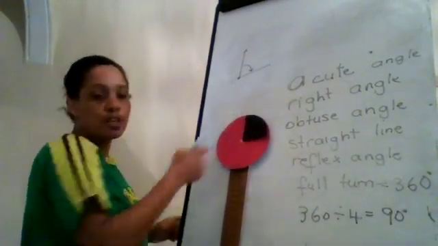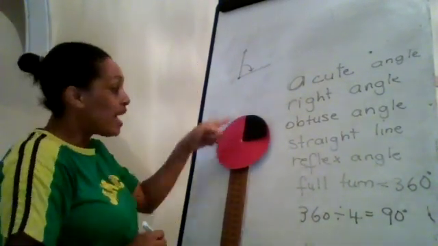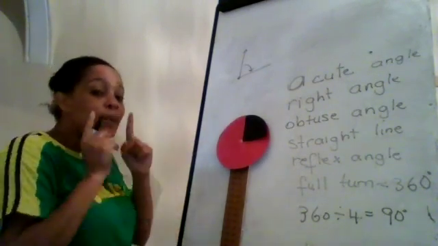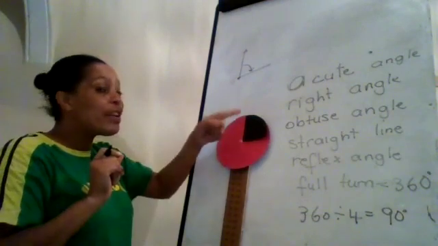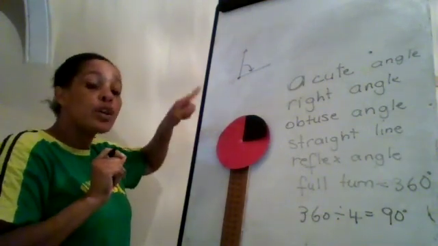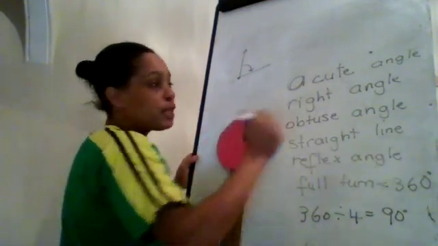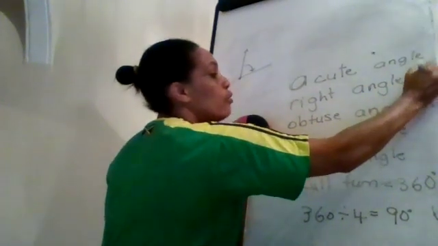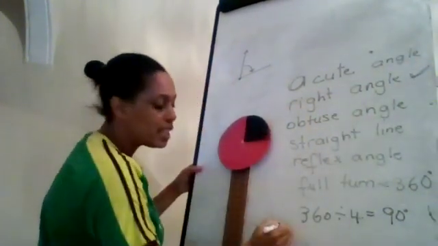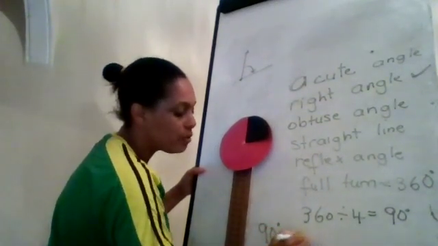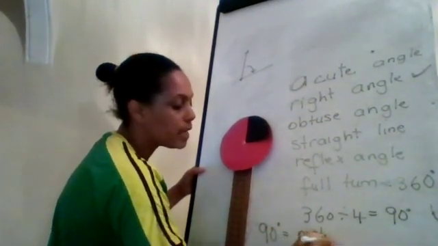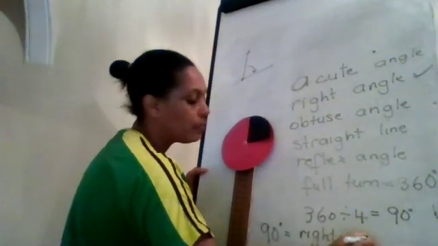So 90 degrees of the circle is covered. That specific number, 90 degrees, has a special name. There are special points we're going to be meeting as we go around. The first special point there is what we call a right angle. So 90 degrees is a right angle.